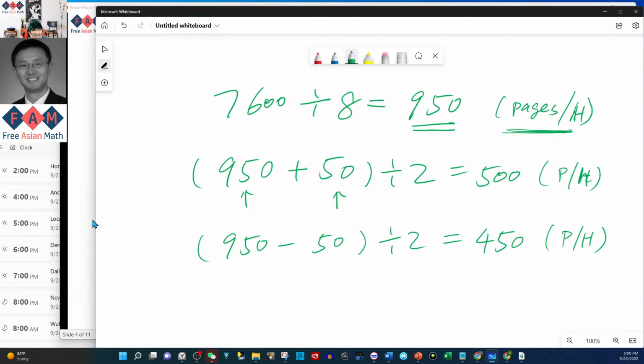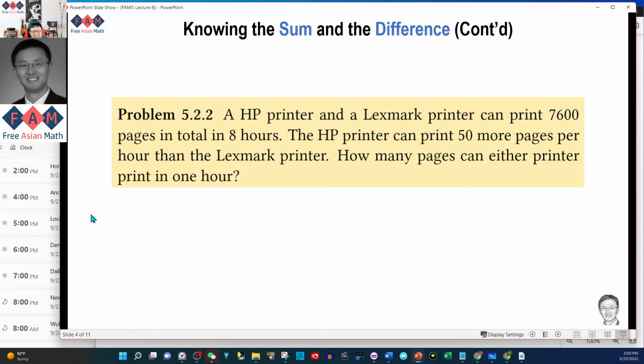Okay, so as compared to the first problem, let's add a little bit of a twist to the nature of the problem. That is that the sum, the total, was not provided to you directly, but it's not that complicated to figure out. Just one further step. You just need to divide that 7,600 by 8 hours. Okay.